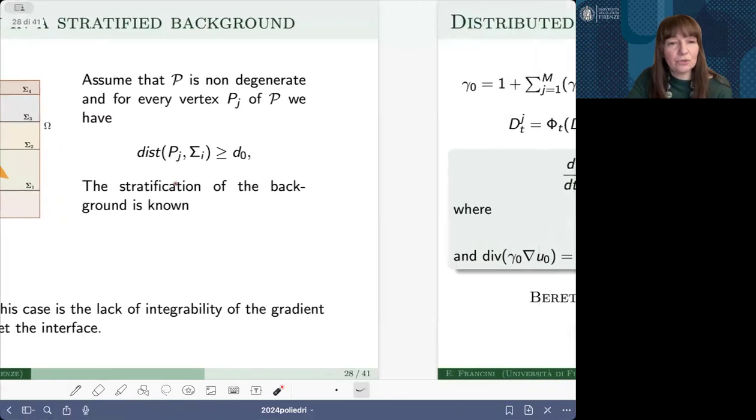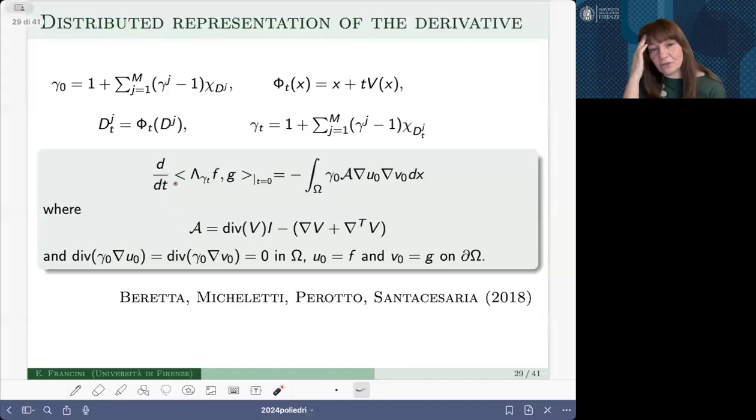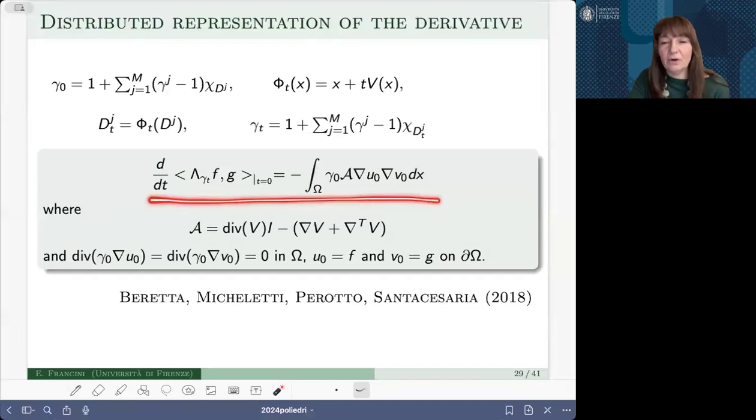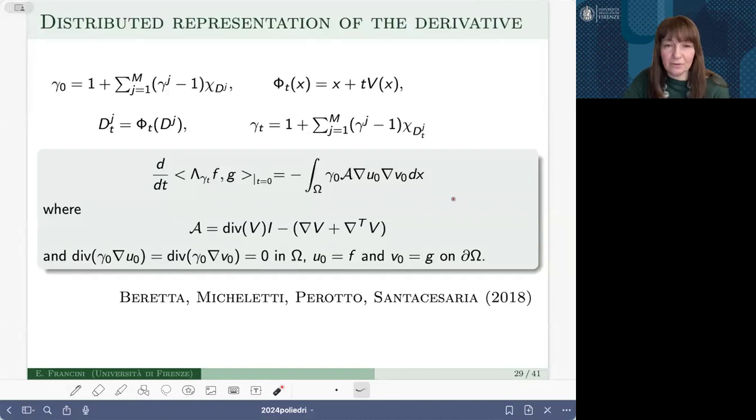So since we cannot do this because we don't have enough regularity, we need to find another way to write the derivative, and this way was already known because it's usually used in shape optimization. And so you can get a form of the derivative that we call distributed derivative.